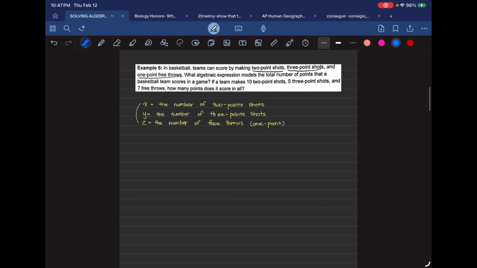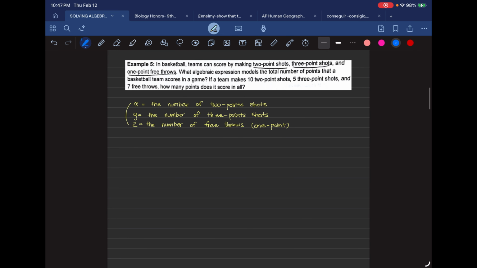So this is the second problem that I wanted to share with you. In basketball, teams can score by making 2-point shots, 3-point shots, and 1-point free throws. What algebraic expression models the total number of points that a basketball team scores in a game? If a team makes 10 2-point shots, 5 3-point shots, and 7 free throws, how many points does it score in all?